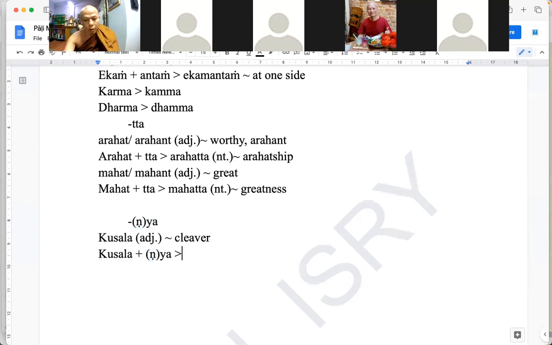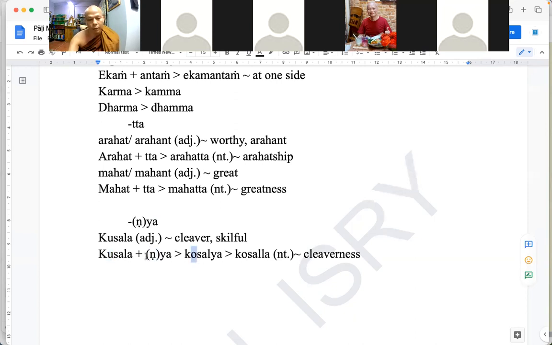Without it, but with that indicatory letter, we can know something about the form: the vowel is changed, such as vuddhi changing.